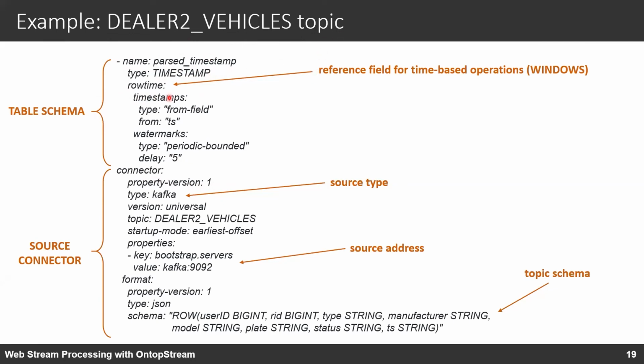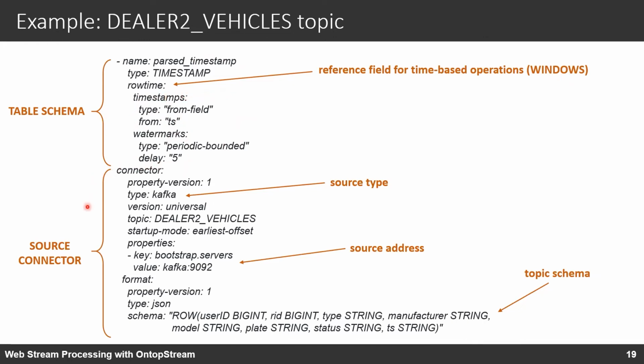So here, what we are doing is to take the timestamp field in the Kafka topic and say that this TS field is a special watermark field, which is queryable using window-based queries. So over this very specific field, we will be able to express a Flink SQL windowed query.